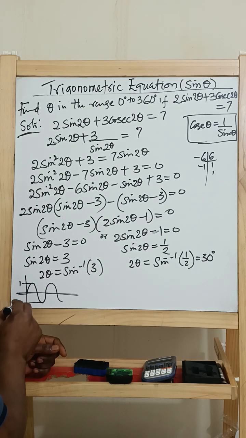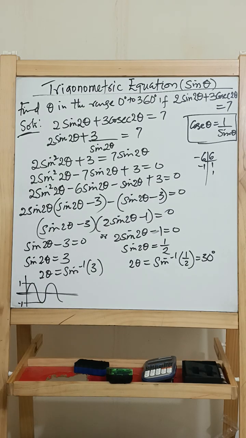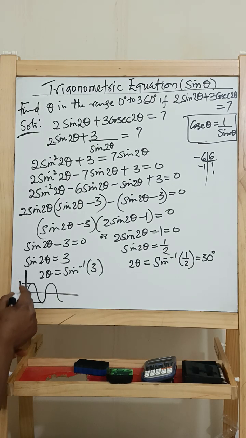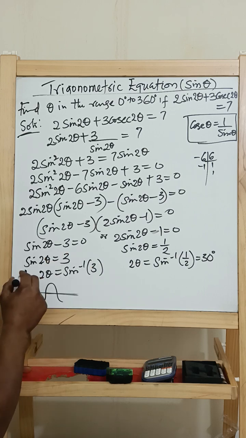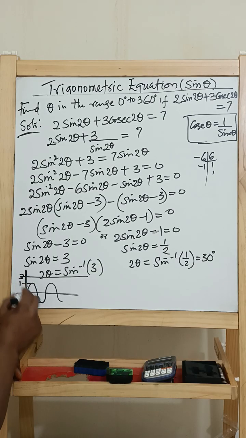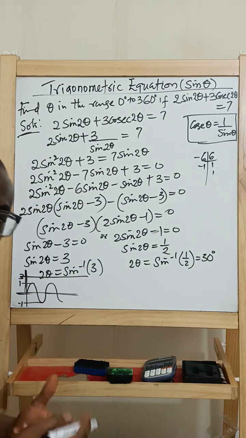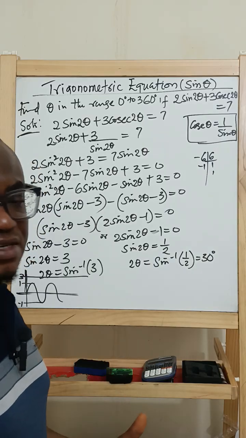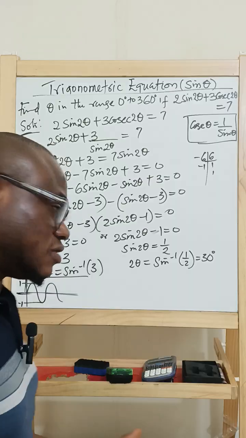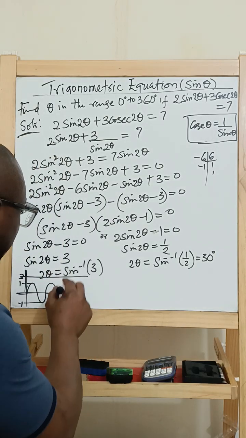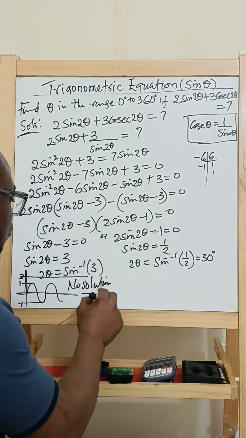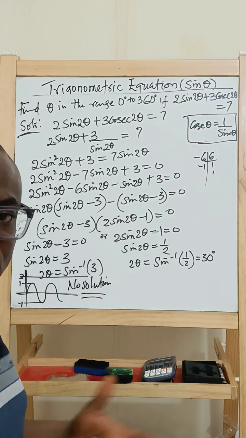Whatever we get beyond this region, like 3, is above the curve, so there is no solution. They do not intersect in any way, so we just write no solution.